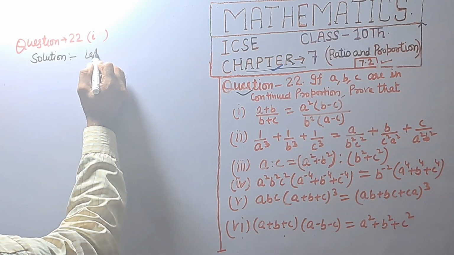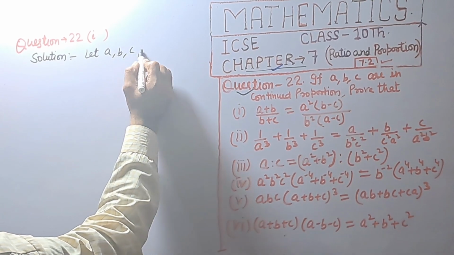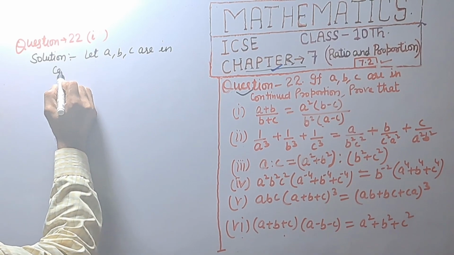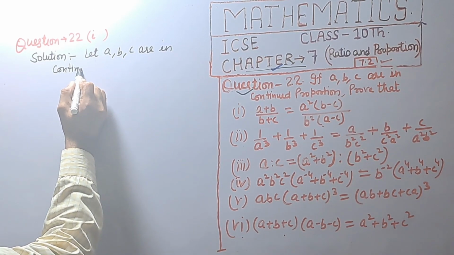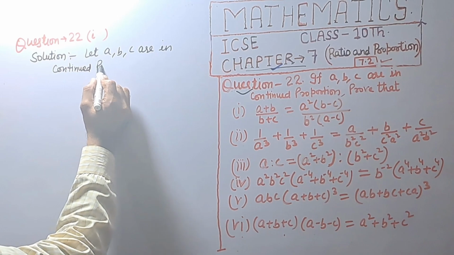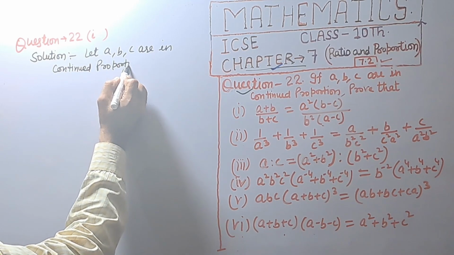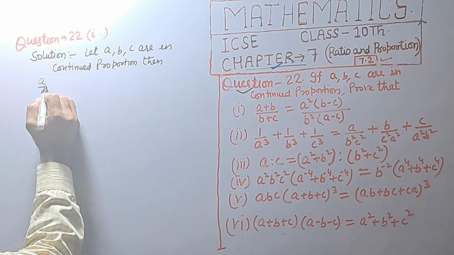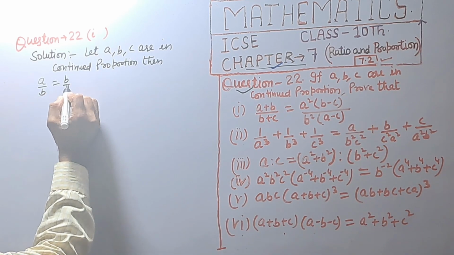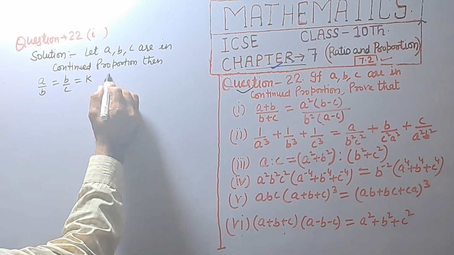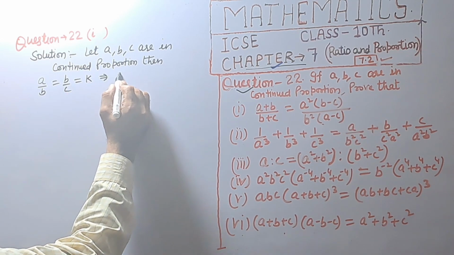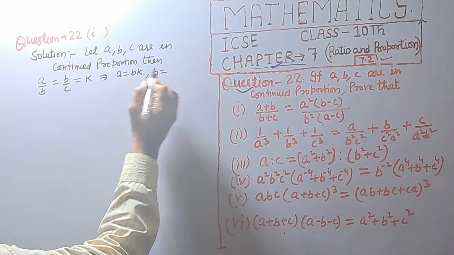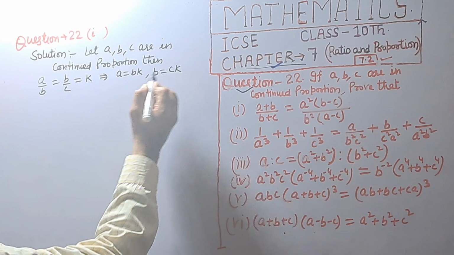Let A, B, C be in continued proportion, then A upon B is equal to B upon C, that is equal to K, which implies A is equal to BK and B is equal to CK.